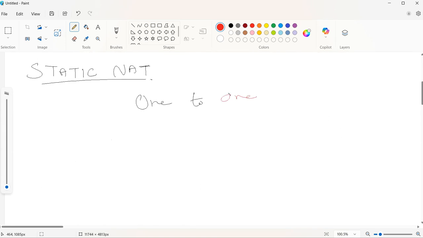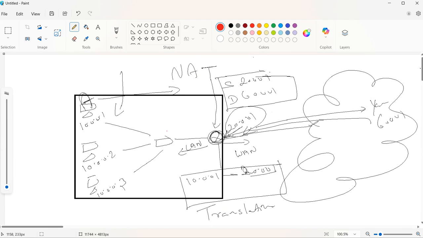So we say whenever 10.0.0.1 wants to go online, translate to 20.0.0.1. Let's say I would like to give 2. Listen carefully. We have address 20.0.0.1 on the interface. I am not using that.